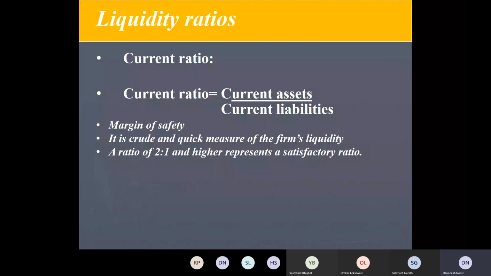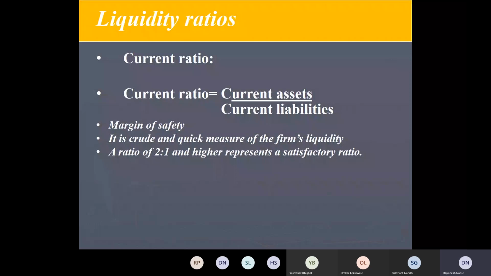There is some cushion, so this margin of safety is taken by the creditors as the guarantee against the money they are paying. Whatever money or capital they are giving on credit, it is an additional security or guarantee to them if your current ratio is 2:1 or even more.